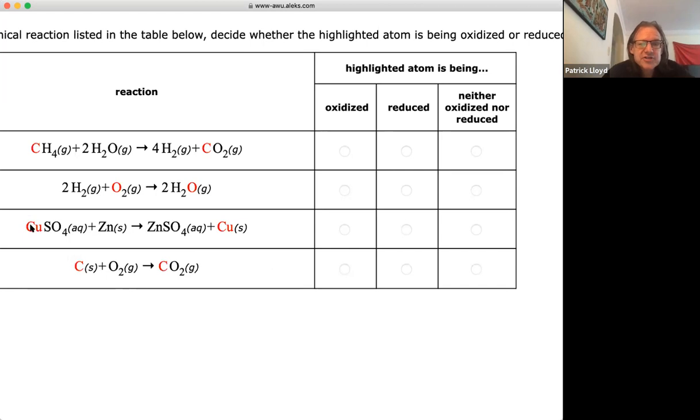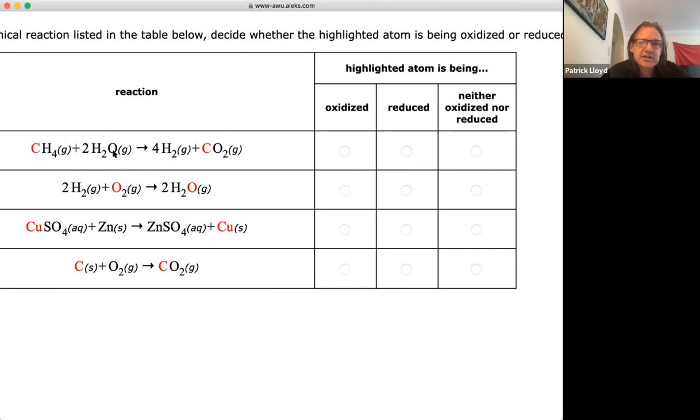So just as the copper went from +2 to 0, so it gained electrons, the zinc went from 0 to +2, so it lost electrons. Just as the oxygen is gaining electrons, so that's reduction, the hydrogen is losing electrons, that's oxidation.